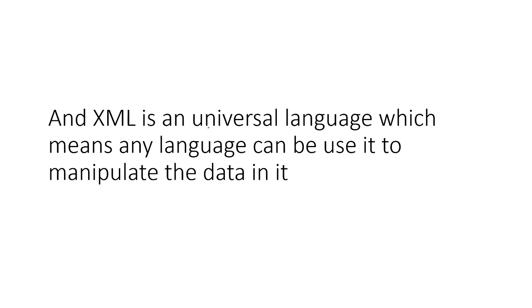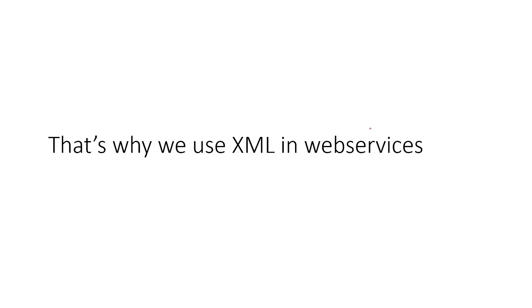In any language we can get the data in XML in an organized manner, and we can update, insert and delete elements in XML in an organized manner. That's why XML is called a universal language, and that's why we use XML in web services. You might be wondering what web services are. In the upcoming class we will discuss web services.